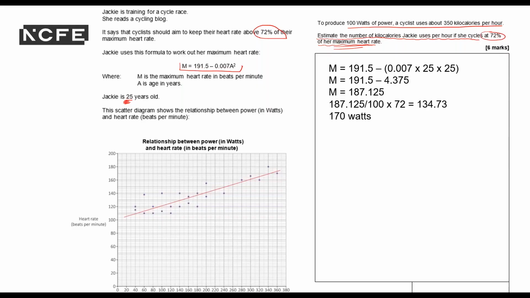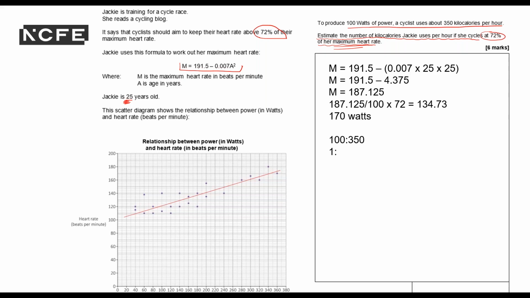If we know that 100 watts gives 350 calories, and I need to find it for 170, I'm going to divide both sides by 100, so that it gives me 1. Because if I can work out how many kilocalories 1 watt produces or uses, then I can then work out what 170 is.